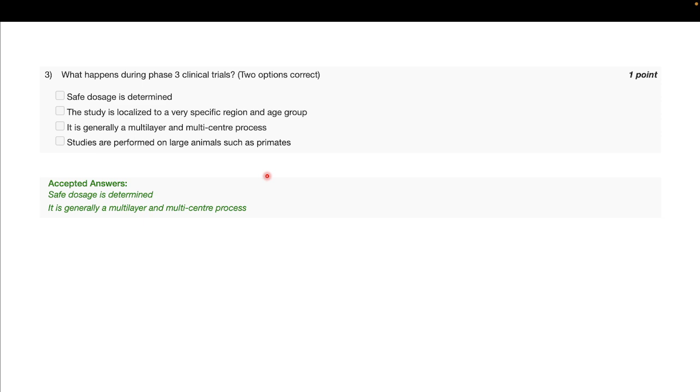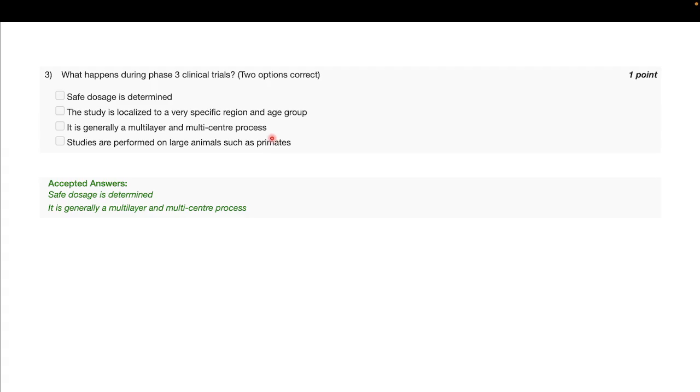Okay. Ma'am, why not option 4? Yeah, so as I said, these phase 3 clinical trials are usually done on human patients. This last option, I think, is limited to monkeys: studies are performed on large animals such as primates.